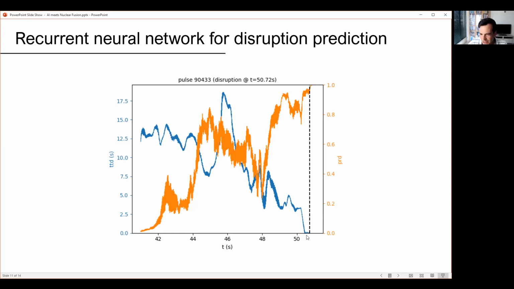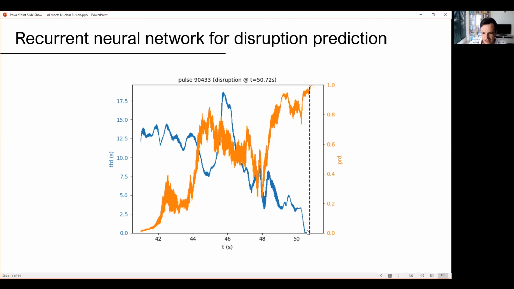And right before the disruption, a fraction of a second before, we already have the predicted time to disruption very, very close to 0. So this is that point when we could throw an alarm or take some action. We're not going to be able to prevent the disruption at this point, but maybe we can mitigate its effects, and there are strategies for that.